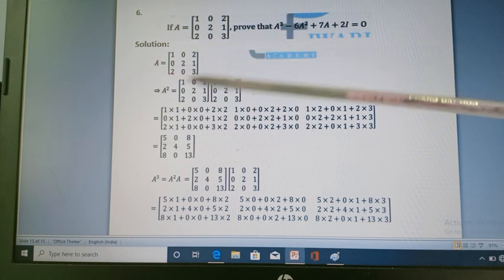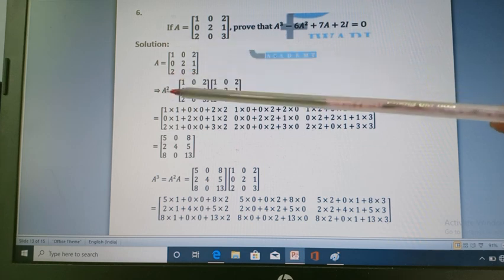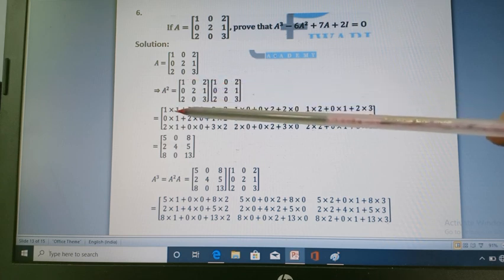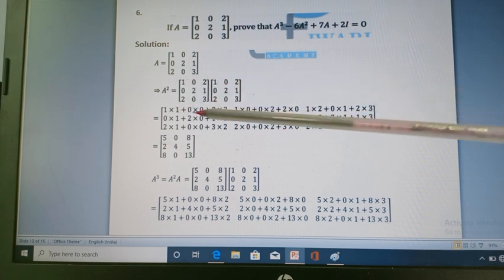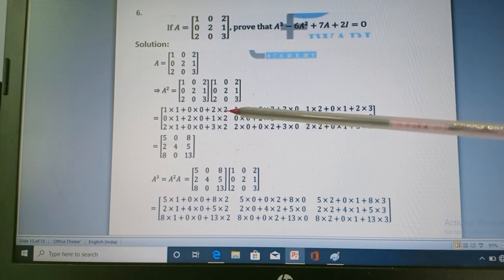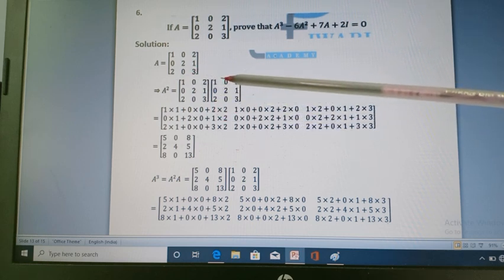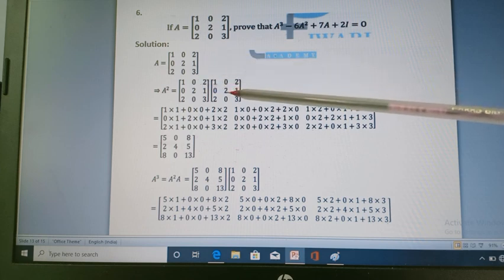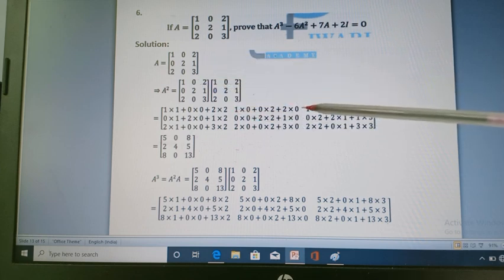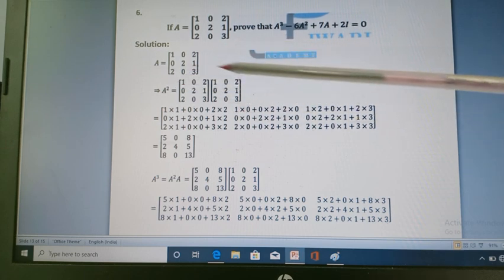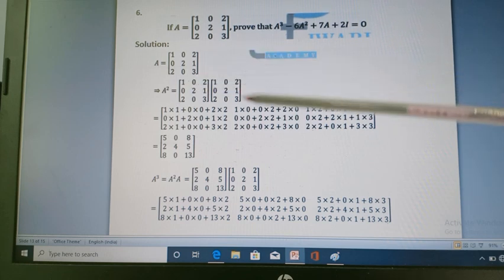Okay, so the entries: we have to multiply first row into first column, so 1 into 1, 0 into 0, 2 into 2. First element is over. Then first row into second column, 1 into 0, 0 into 2, 2 into 0. Then first row into third column, 1 into 2, 0 into 1, 2 into 3.